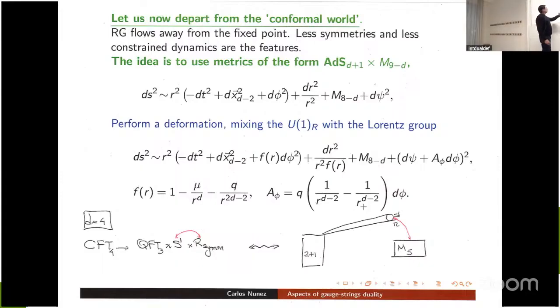The backgrounds that we will end up with have 2+1 dimensions, a radial direction, and a circle direction that will shrink to zero size, and the circle will also be mixed via that one-form with the internal space. Okay, so this is the general idea.